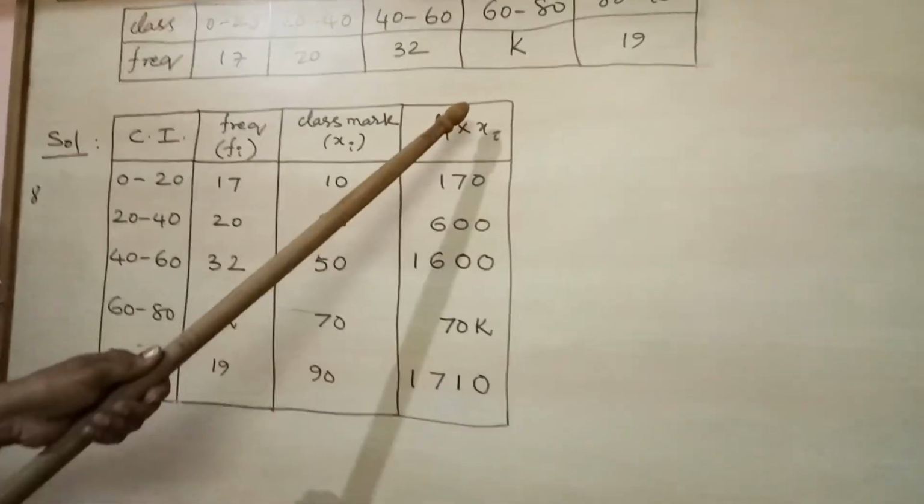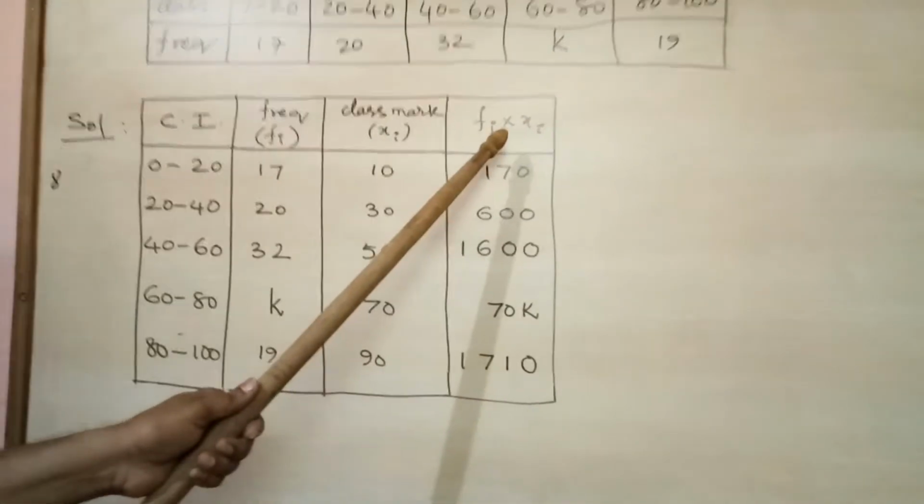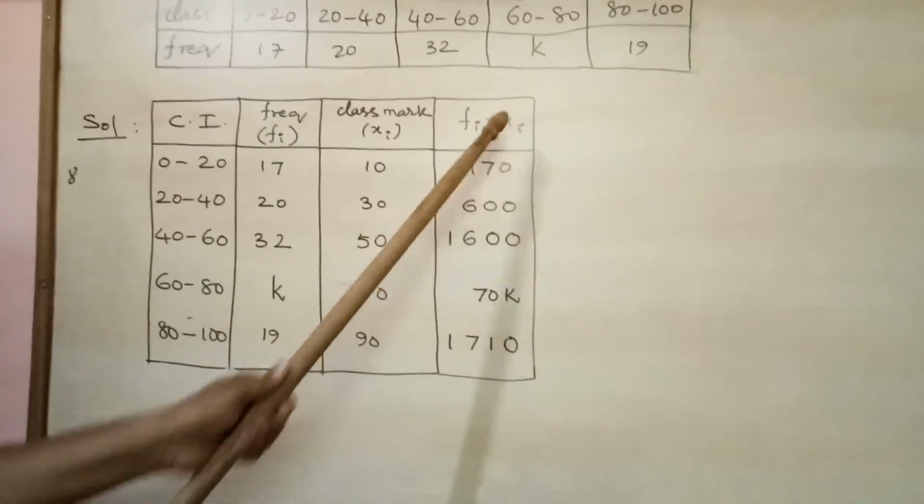These are the values of the product of fi and xi.